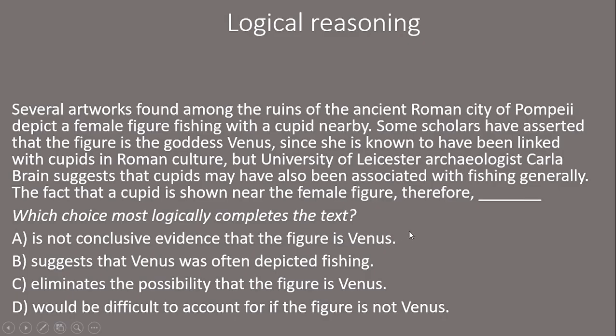Option A will be the best answer because it says, it is therefore not conclusive evidence that the figure is Venus. So we need further clarification to say for sure that the figure is Venus, because now there is another claim that cubebs were associated with fishing as a whole. So you cannot say for certain that the figure that is found with cubebs must be the Roman goddess Venus.